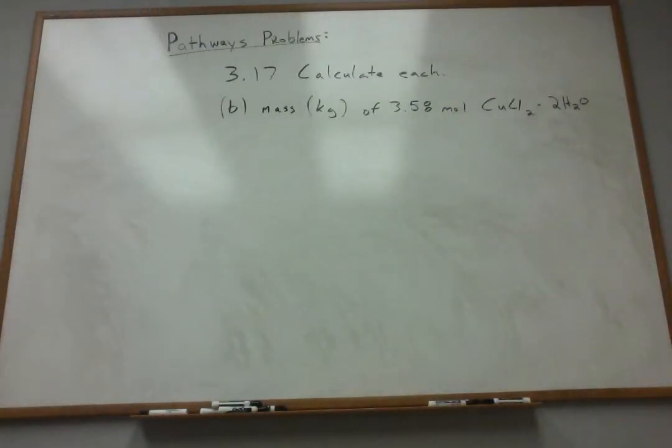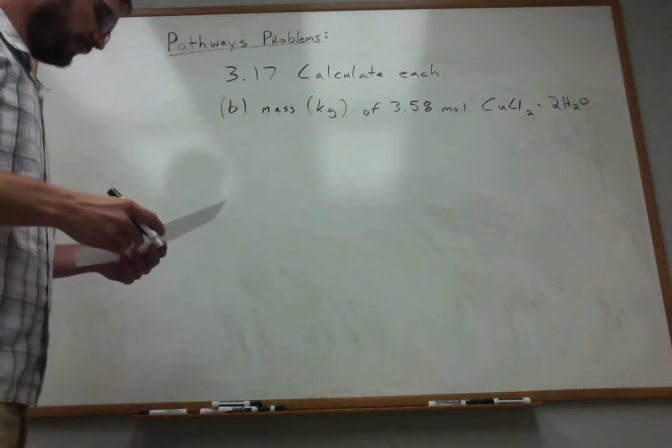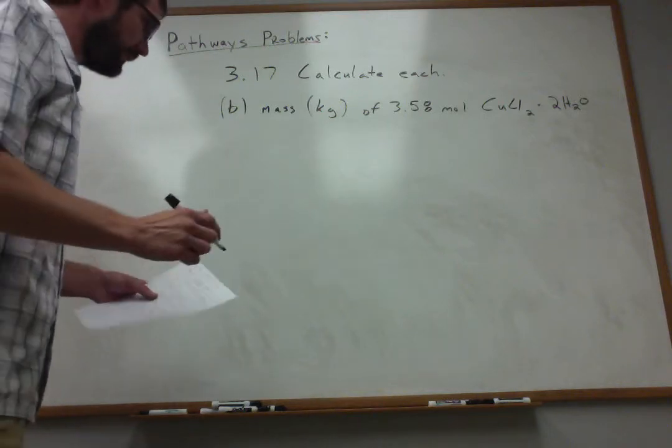So we've got copper(II) chloride dihydrate here. Copper(II) chloride dihydrate. Okay. What is the mass in kilograms of 3.58 moles of this stuff?